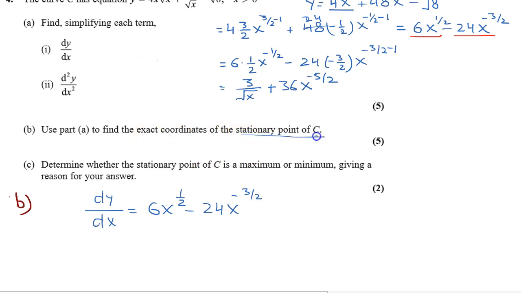For the coordinate of a stationary point, dy over dx is 0. So this is 0.